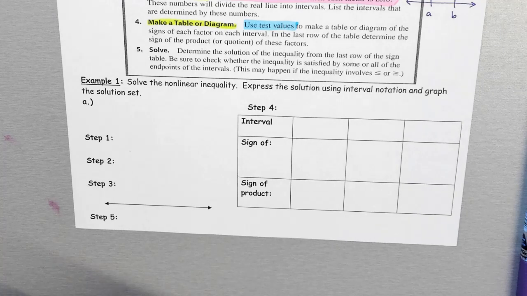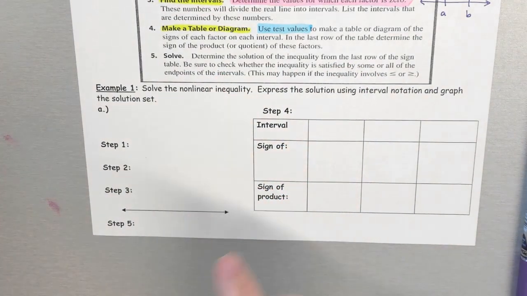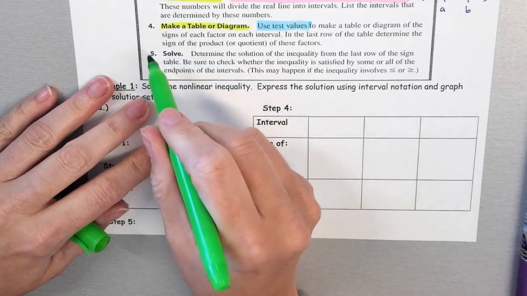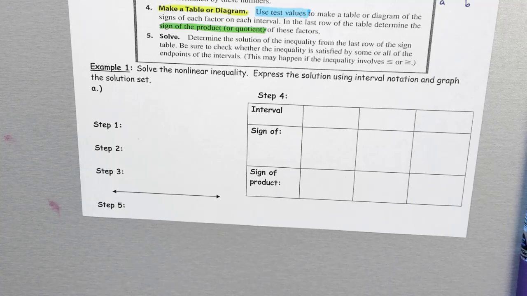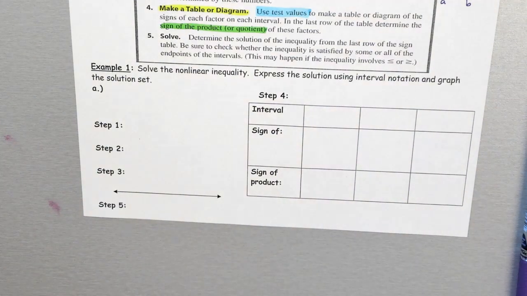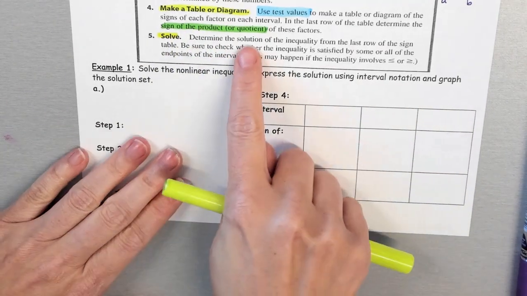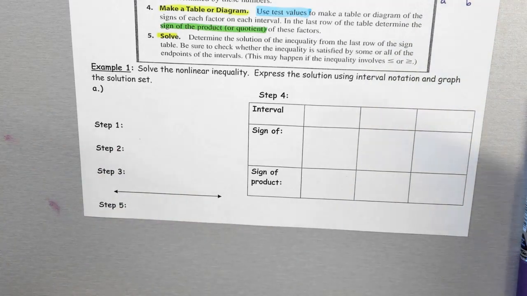Okay, and then once you pick the test values, you are going to determine the signs of the product or the quotient. And then the last thing you're going to do is solve. Okay, so the solving is you are determining the solution from one side to the other.